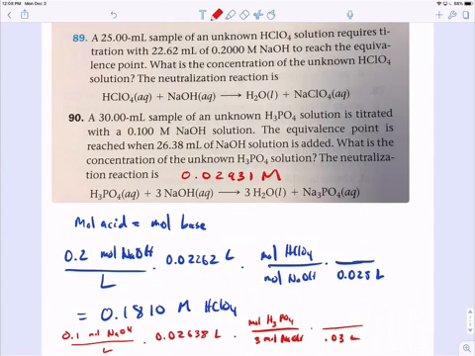Got it? There's an issue that we have. Oh, that's the first one. The thing is that this one, it's a 1-to-3 ratio. So 1-to-3.